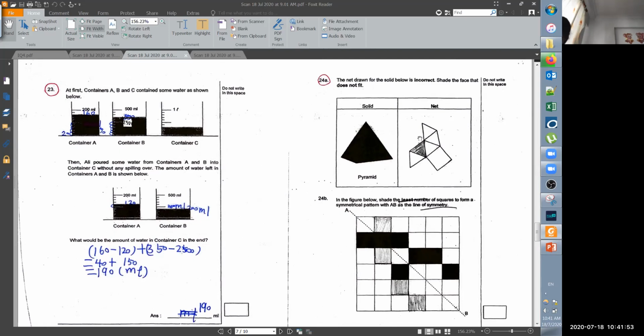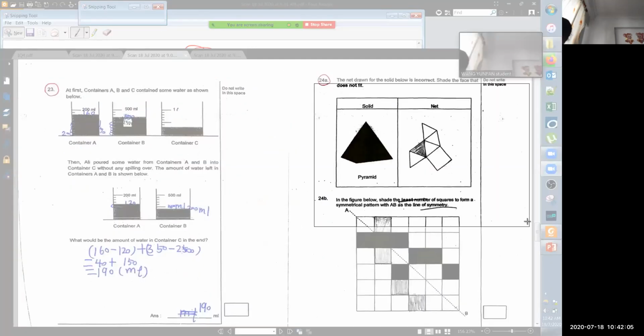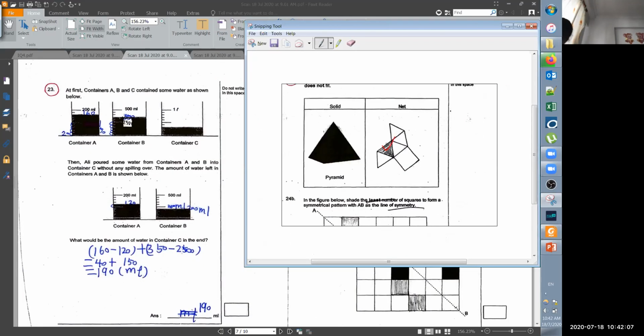Which one is the extra one? So this one is the extra one, right? Yes. Okay, so what I'm trying to say is, if you are telling me this one does not fit, right? Then is the answer correct? No. Wrong. Okay, let's look at it together.